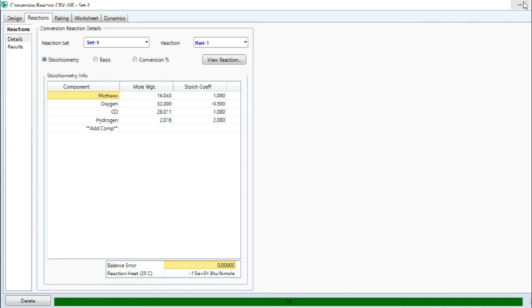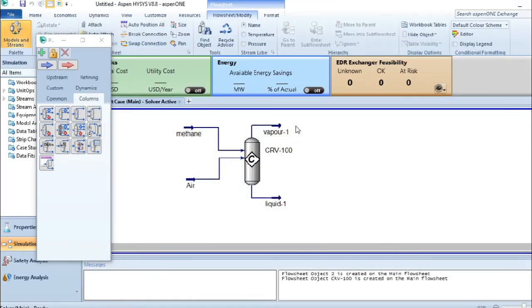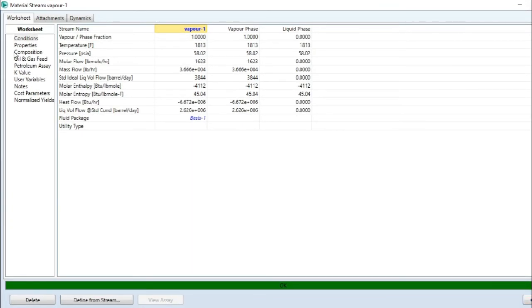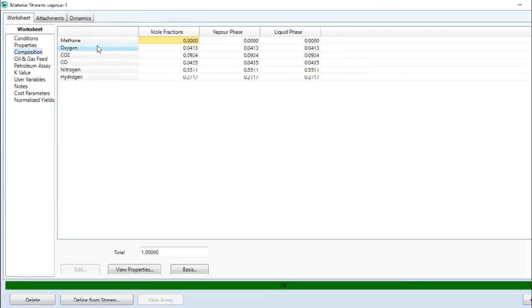So let's check the composition. This is the vapour. Let's go to the composition. Considering the vapour phase, methane is 0.0. That means there is no methane in the vapour.